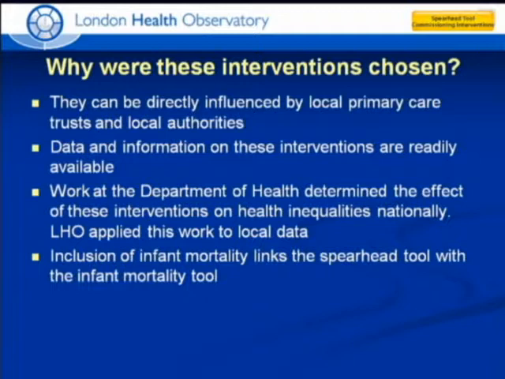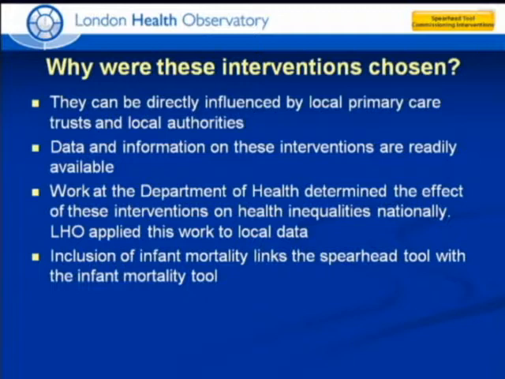We also worked with the Department of Health when we were putting this tool together. The Department of Health asked us to work with them because they'd already done a lot of work on which interventions would reduce health inequalities. Nationally in England, they'd already looked at what sorts of interventions were likely to reduce health inequalities.